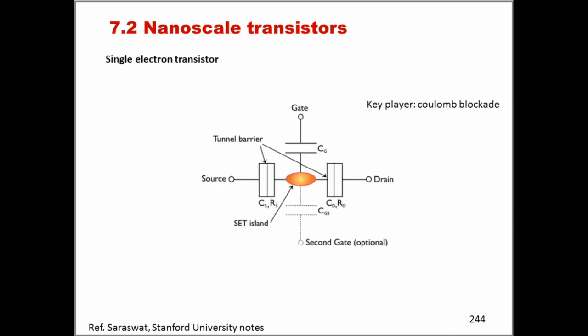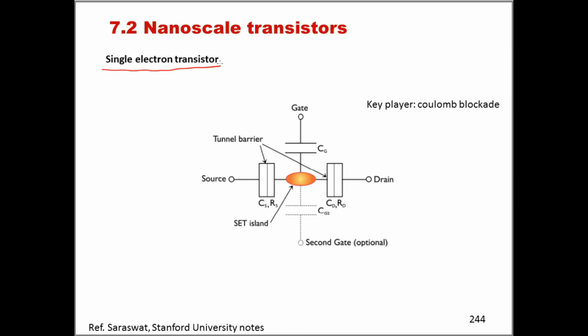The last example I wanted to discuss with you regarding nanoscale transistors is the single electron transistor. We've already come across, some time ago in chapter 3, I think, the single electron tunneling junction. So we are in a way familiar now with how we can make a single electron device. But here now we want to make a transistor.